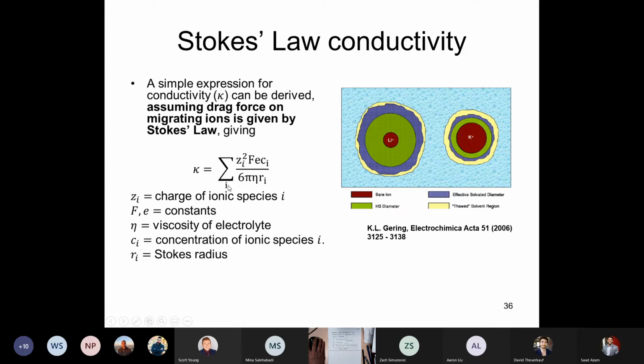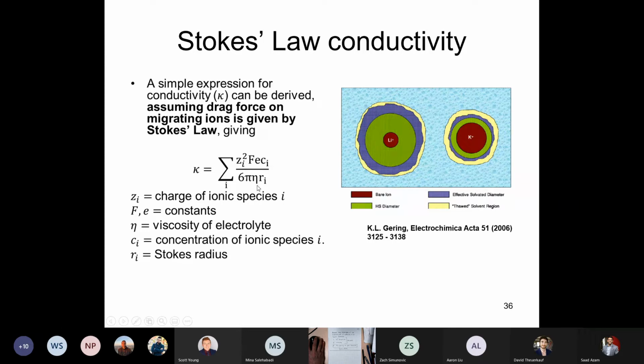So for our typical electrolytes with Li+ and PF6-, i would range from 1 to 2, 1 for lithium, 2 for PF6-. And then there's the charge of the ionic species squared, Faraday's number, the electron charge, the concentration of the ionic species that we're talking about, and then 6 pi.